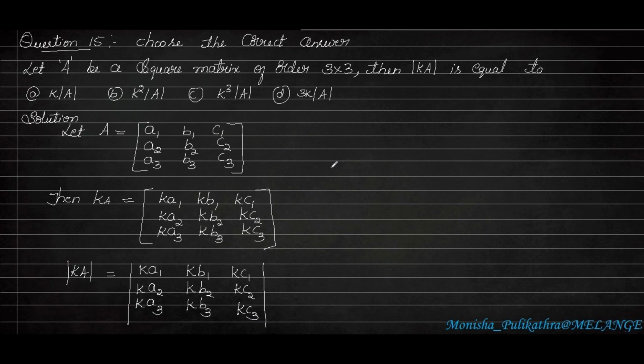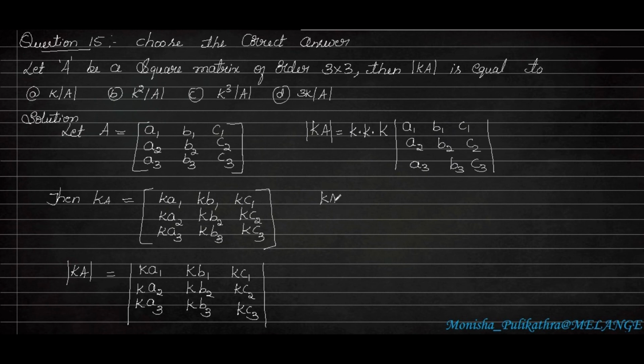Next I will take k common from each row. From the first row, second row and third row, from each row I will take k common. Since 3 rows are there, I take k the first time from the first row, the second time from the second row and the third time from the third row. So it will become a1, b1, c1, a2, b2, c2 and a3, b3 and c3.